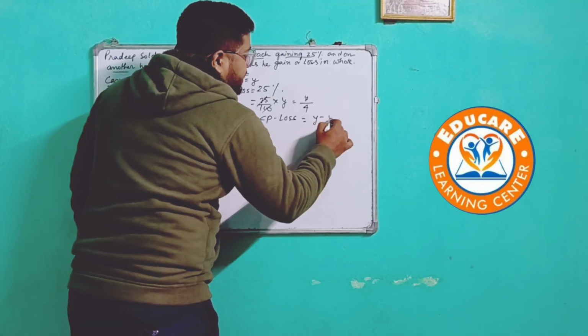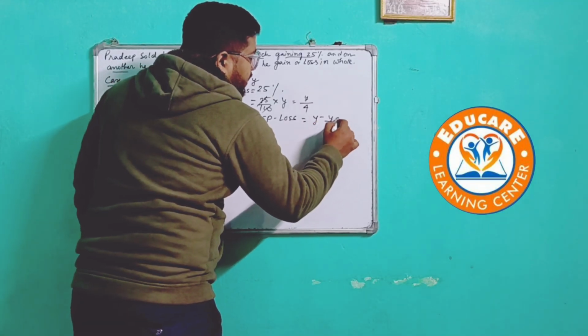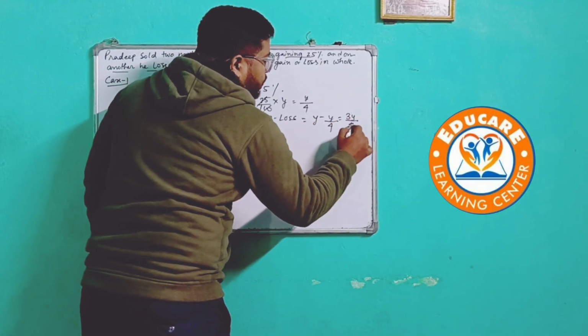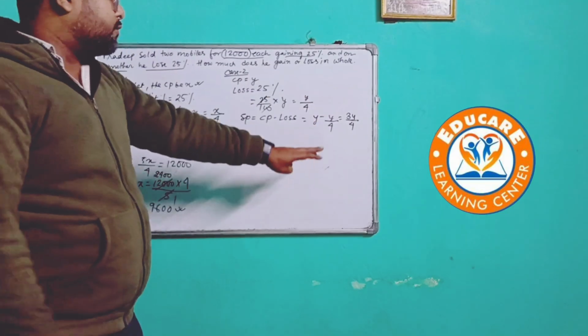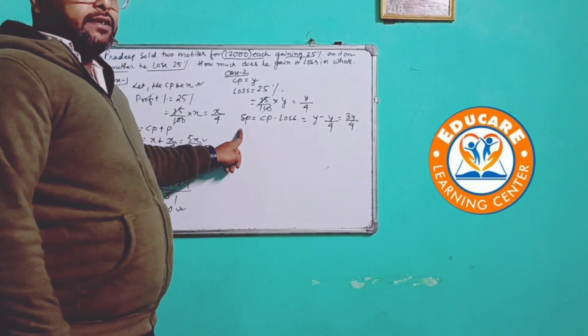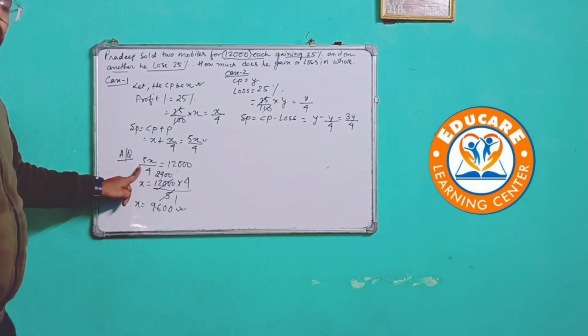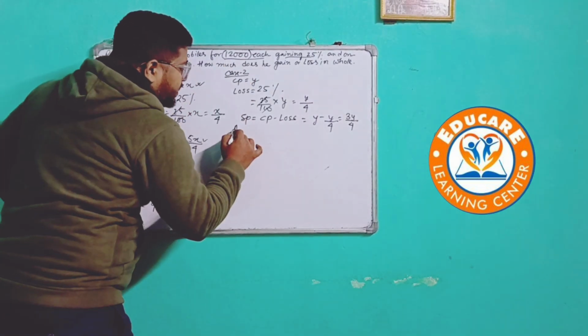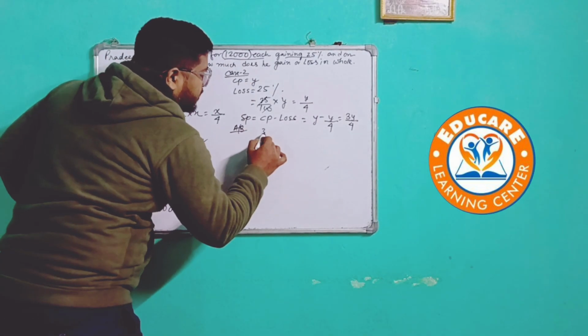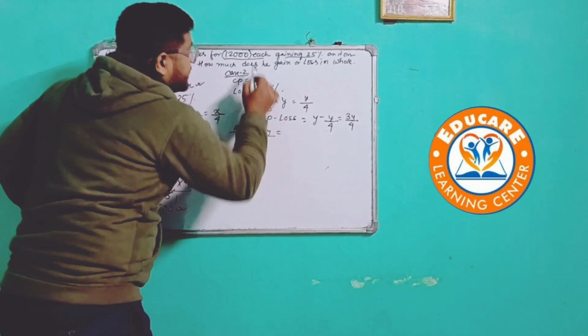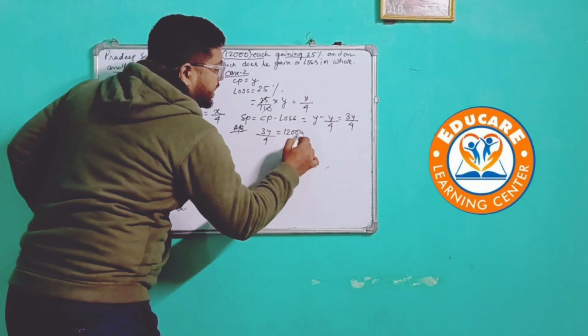So Y minus Y by 4, if we do LCM, it will be 3Y by 4. This is the SP. Like we did with 12,000 and 5X by 4, we can write according to this condition, 3Y by 4 equals 12,000, because this was our SP.